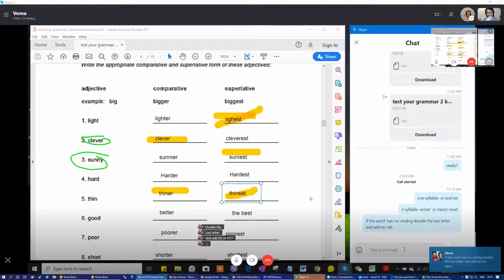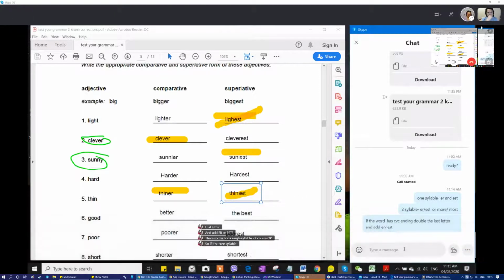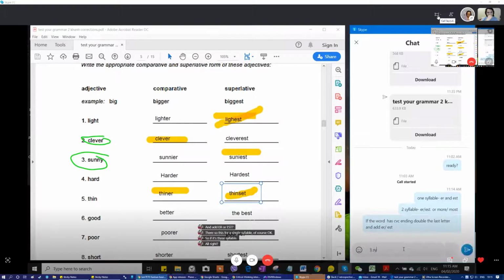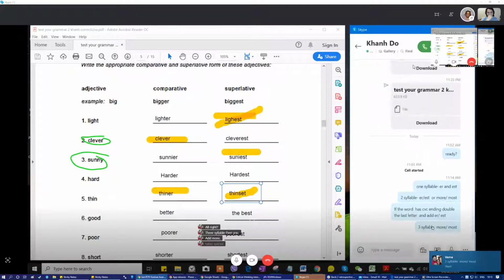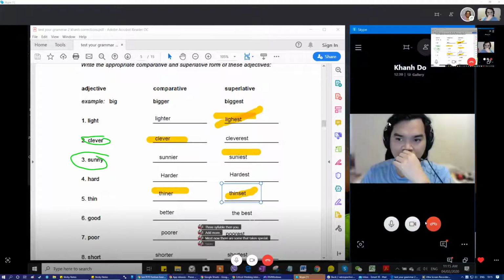If it's three syllables, then you add more, most. Now there are some that take special forms. There are words like good, better, and the best.